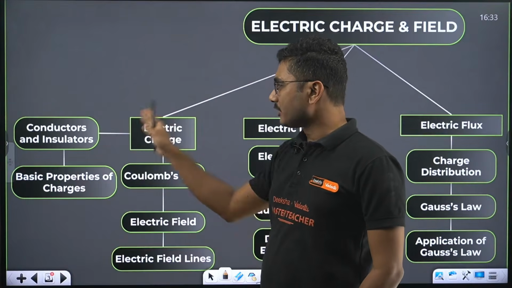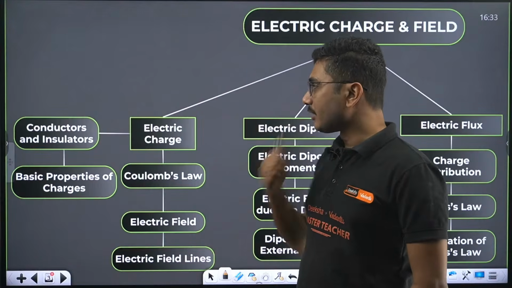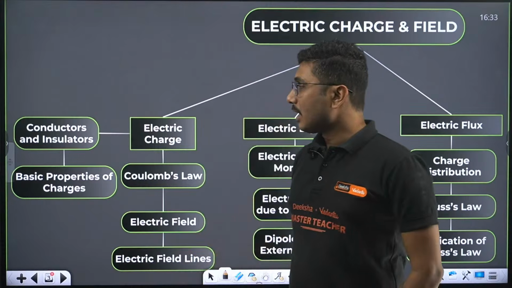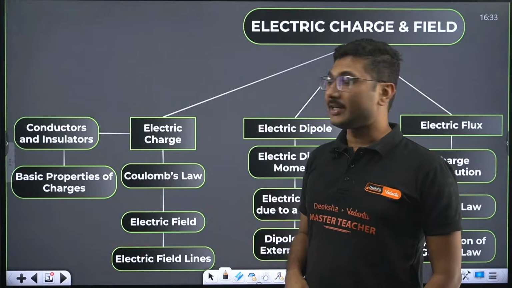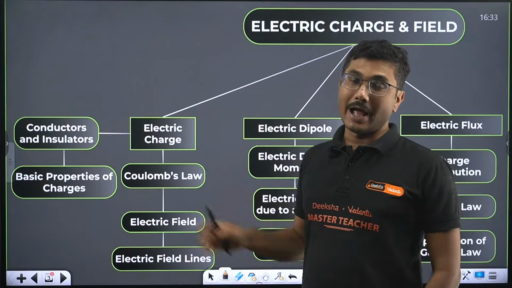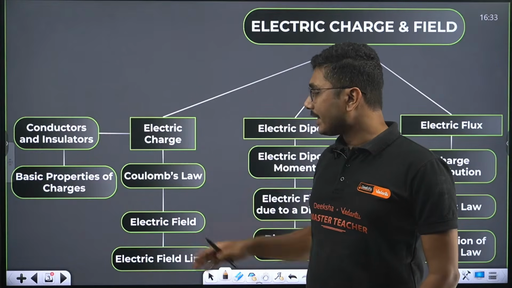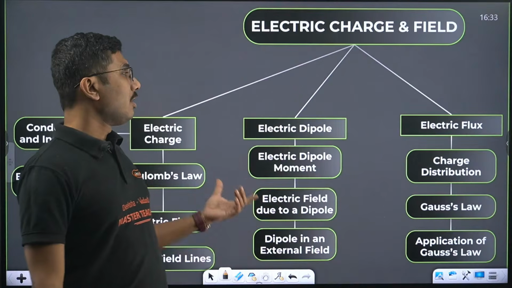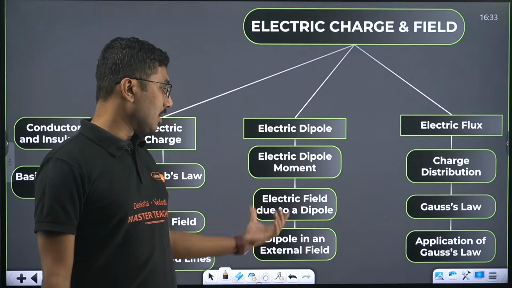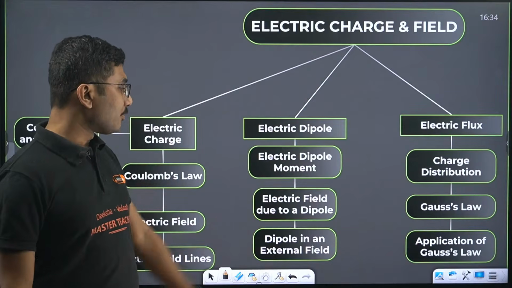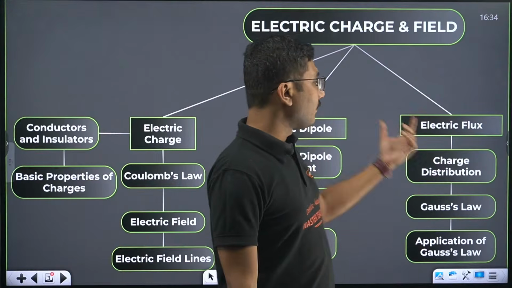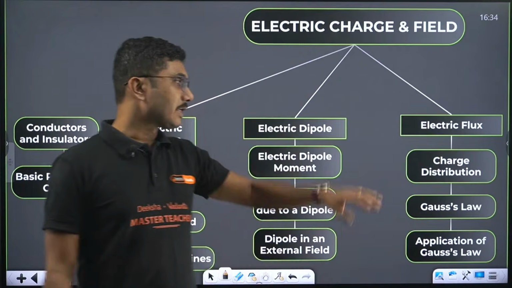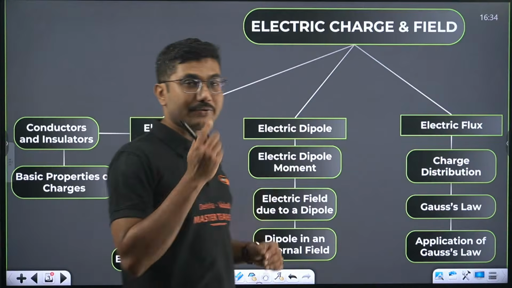One is electric charge, which is itself a topic, and from electric charges we have conductors, insulators, basic properties of charges, etc. We also have Coulomb's law, then electric field lines, electric dipole moment, electric field due to a dipole in an external field, electric flux, charge distribution, Gauss's law, and applications of Gauss's law as well. So these are the topic tree of the chapter.